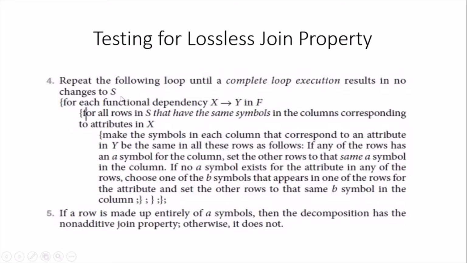And you will repeat the following loop until a complete loop execution results in no changes to S. So here you take each functional dependency X to Y in capital F. And for all rows in S that have the same symbols in the columns corresponding to attributes in X. Suppose you take this X, and we know X is a set of attributes.